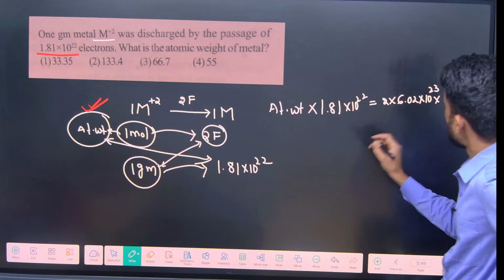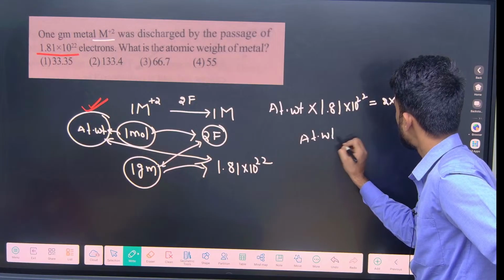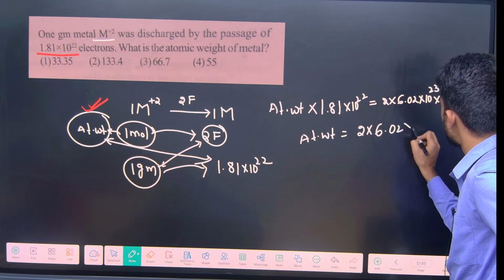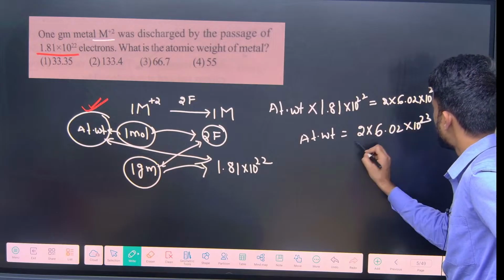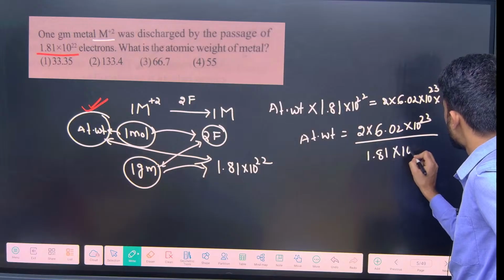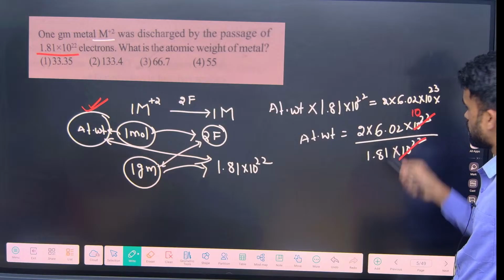1.6 that thing. So here I can say atomic weight will be equal to 2 into 6.02 into 10 power 23 divided by 1.81 into 10 power 22. So from here how much are you going to get? It is 10.